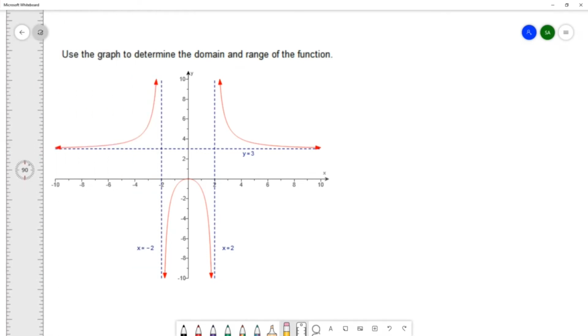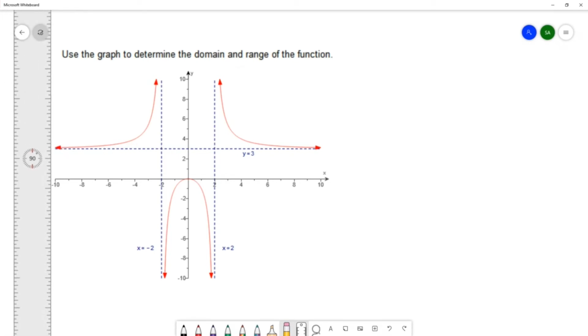So let's start doing that here. Because of this arrow that we see here, as I said a moment ago, that means that the pattern continues. This graph continues off screen to move down and left, getting closer and closer to that dashed line. And so that indicates to me that the domain is going to start at -infinity.